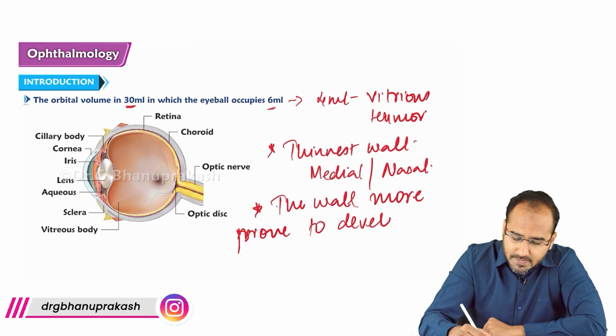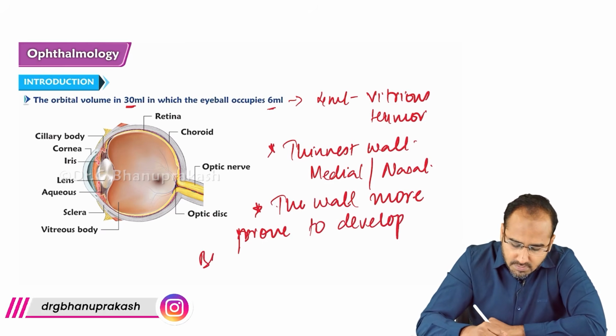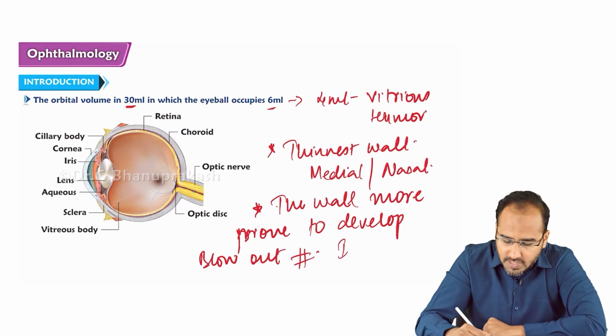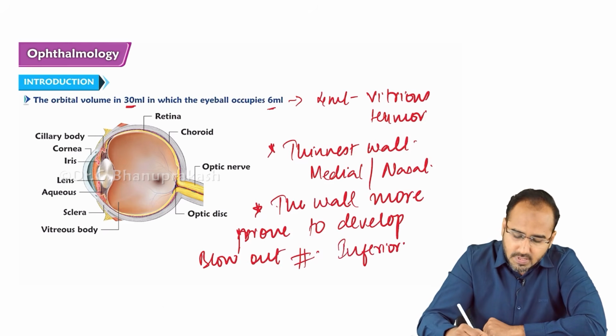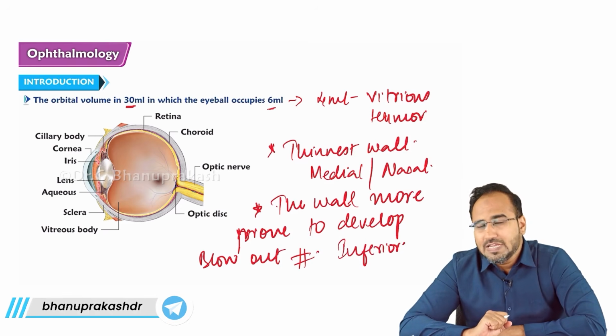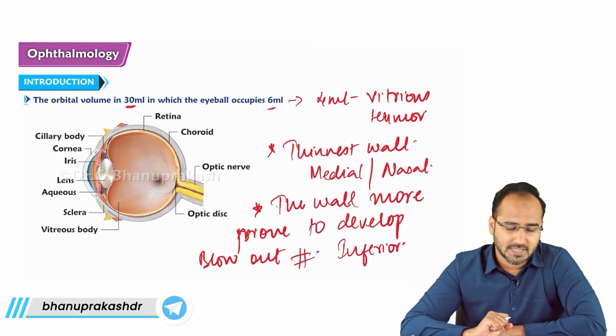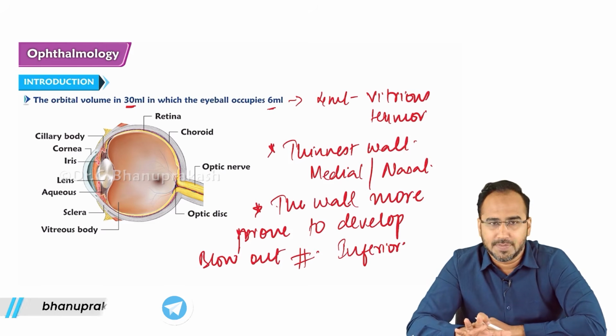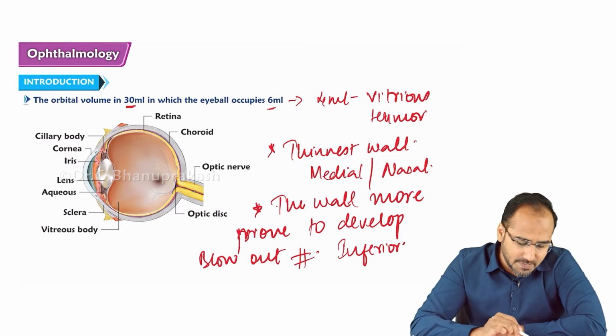What is that wall guys? Inferior wall. The orbital wall that is more prone to develop the blowout fracture is the inferior wall of the orbit. Okay, so anyways guys, this was regarding the orbit anatomy. Once we have finished the orbit anatomy, we have finished all the things guys.